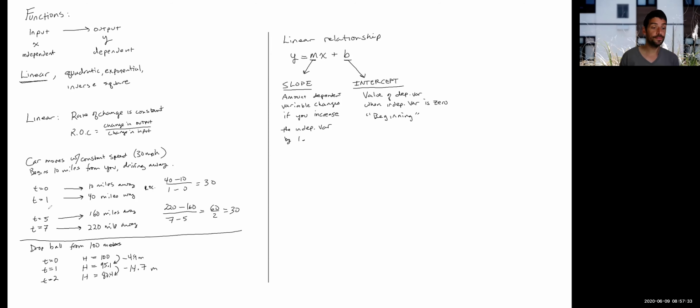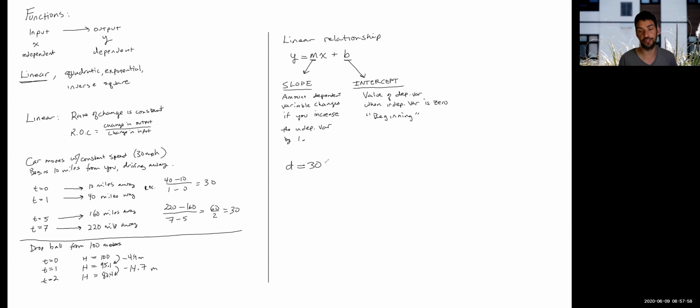So for example, in this car example I just did, if I had d as my dependent variable, it's the distance the car is from me after t hours. The slope is the amount the dependent variable changes if you increase the independent variable by 1. In other words, if I change my time by 1 hour, how much farther is the car? Well, we just saw it goes 30 miles each hour. And then the intercept, where is the car at the beginning? It's already 10 miles away, right?